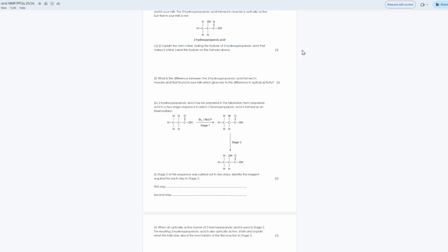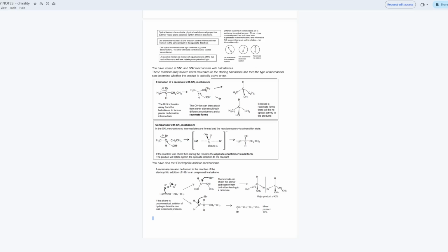What makes it form a racemic mixture? That is a wonderful question. And the thing that makes it form a racemic mixture is that it takes place in an SN1 mechanism where a carbocation intermediate is formed. But why?